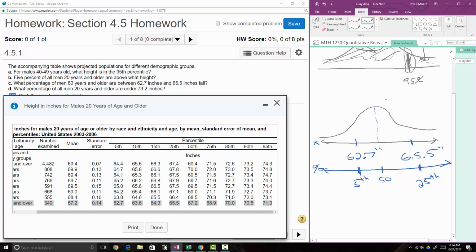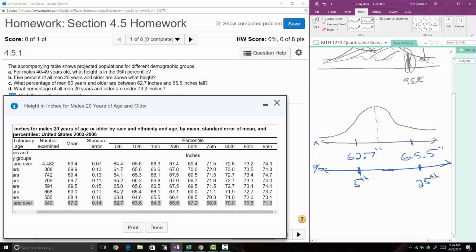Notice this isn't in perspective, because the 25th shouldn't be to the right of the middle, the 50%. But I'm just drawing a picture to help me make sense of what's going on. It doesn't have to be accurate as long as you understand what we're doing, so I'm going to get rid of that so it doesn't confuse you.